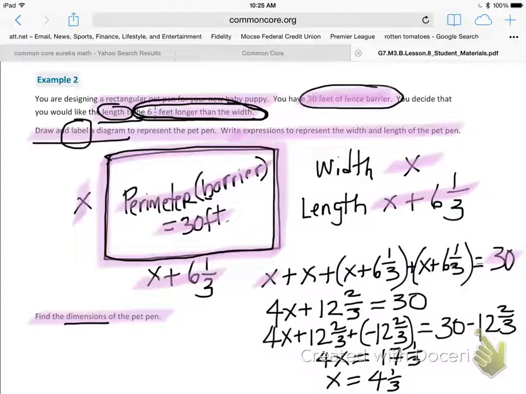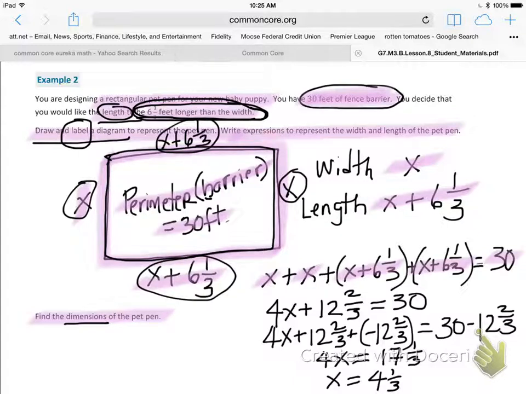So x plus x, that's this x here plus this x here, plus x plus 6 1/3, that x plus 6 1/3 side, and then plus that, which is actually over here. All of those lengths need to equal 30.